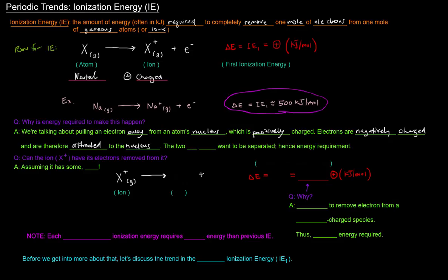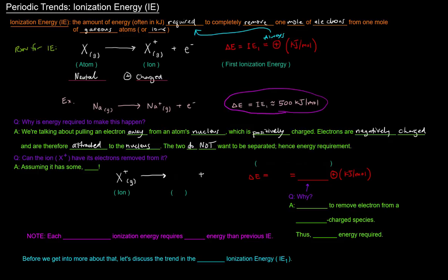The electrons and the nucleus do not want to be separated. So if you want to take an electron and pull it away from something it's attracted to, you're going to have an input of energy. That's why the ionization energy is always positive. I should actually note that here: it's always positive. In fact, "required" kind of implies that.